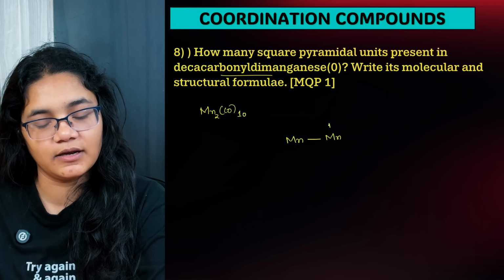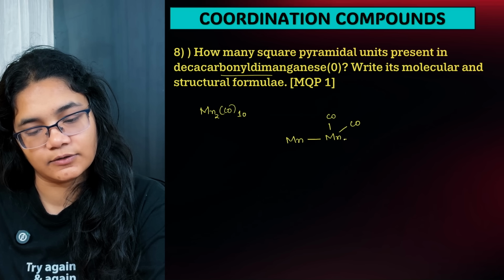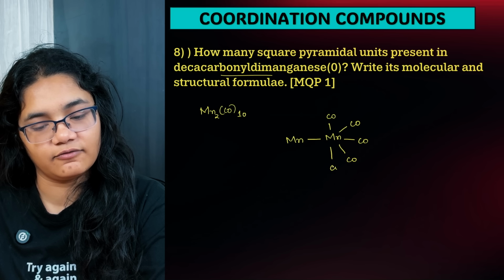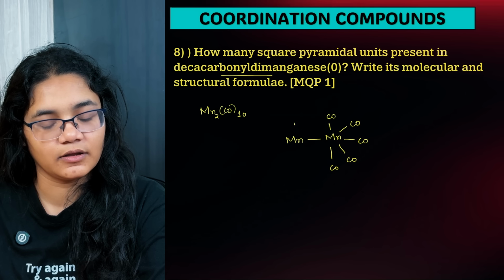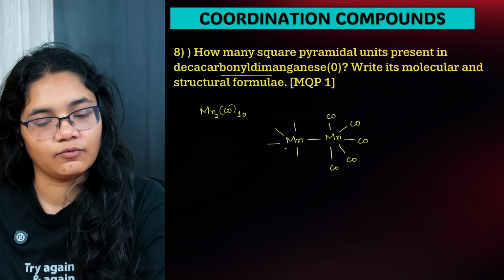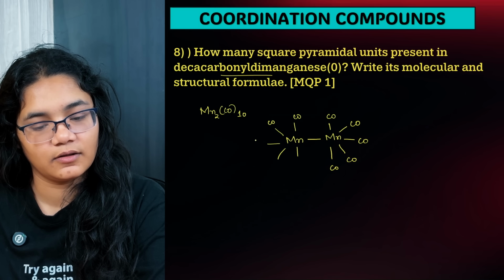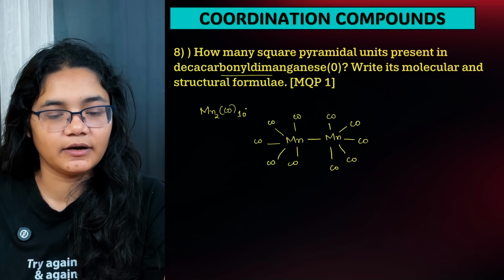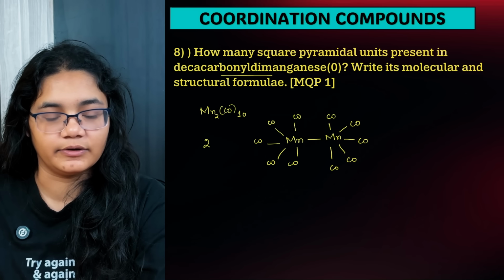You have Mn and CO, 1, 2, 3, 4 and 5. Similarly, here 1, 2, 3, 4 and 5. So how many square pyramidal units are there? 2 square pyramidal units are there.